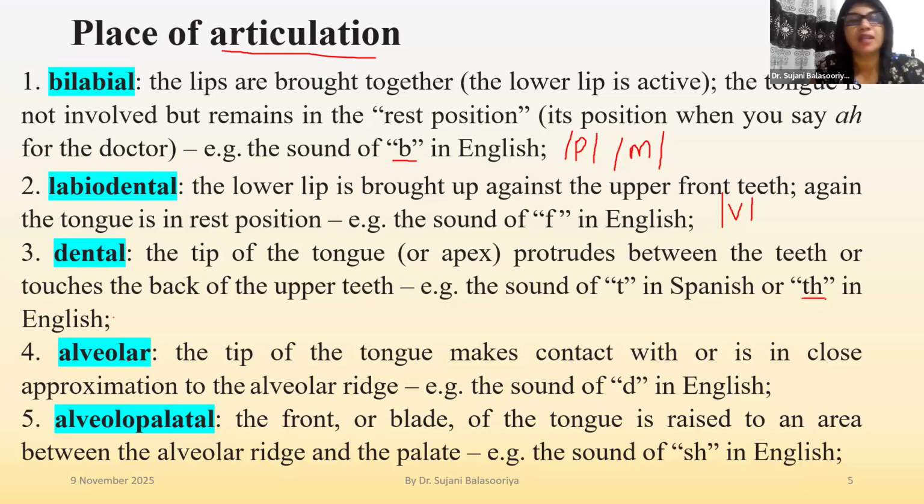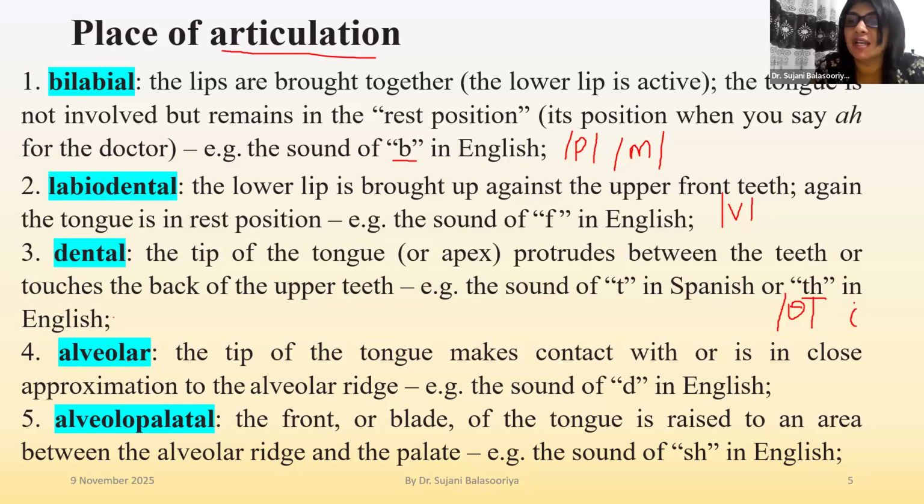Tell me, there are two dental consonants, only two. What are they? All these symbols are available in the consonant list which I introduced to you during the previous session.